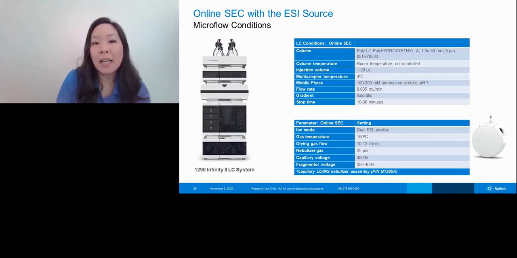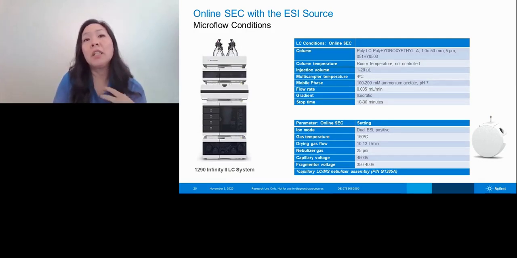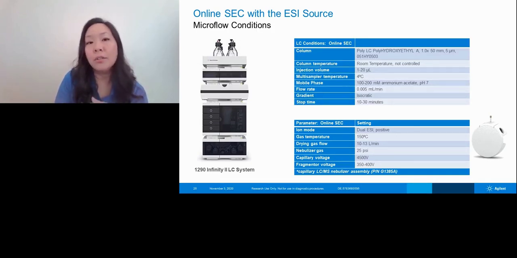So here we're running at cap flow rate about 5 microliters a minute, and you're looking at a little bit longer time of 30 minutes. However, if you're going at 15 to 30 microliters a minute, you're looking at about 15 minutes for your runtime. So again, there is an approach, whether it's standard flow or microflow or nano ESI, to do these analytical approaches for native MS.